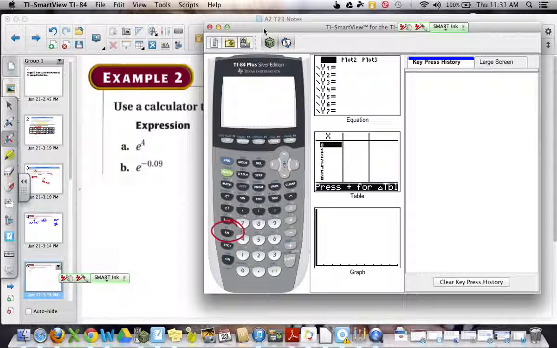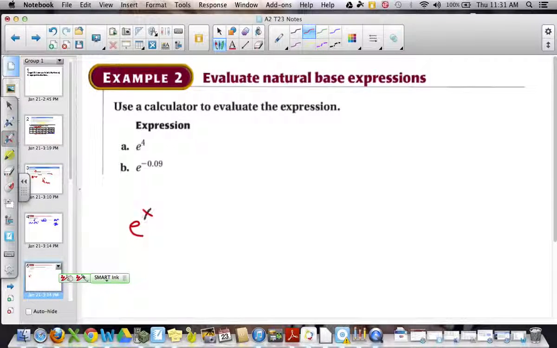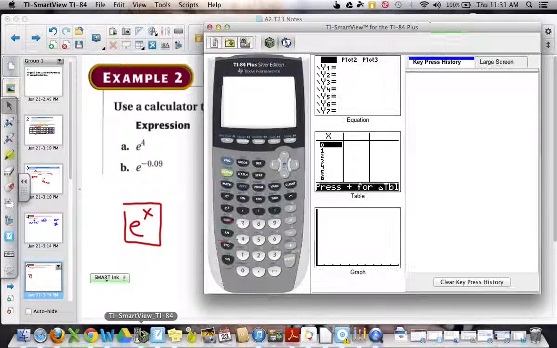And you can see the second function of that is e to the x. So that's the button that we want to use, especially if we're using powers. If we just want to use e to the first, then we wouldn't want to use this button. We'd just use the e button, which is right here, above the division key, the second function of that.